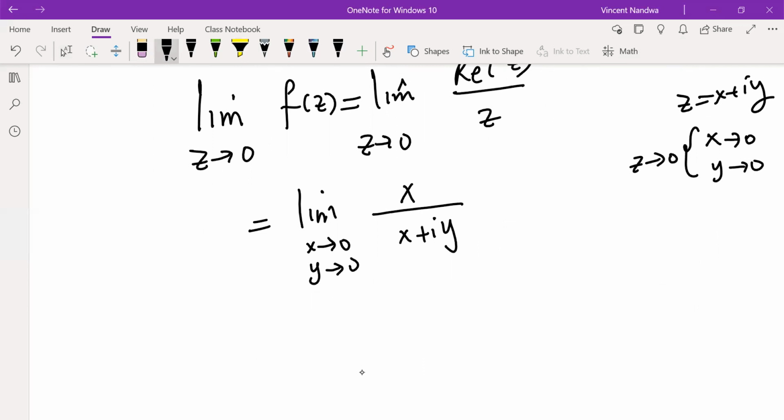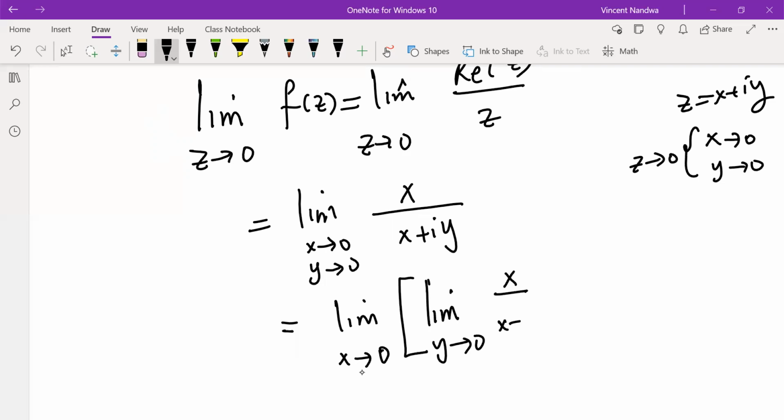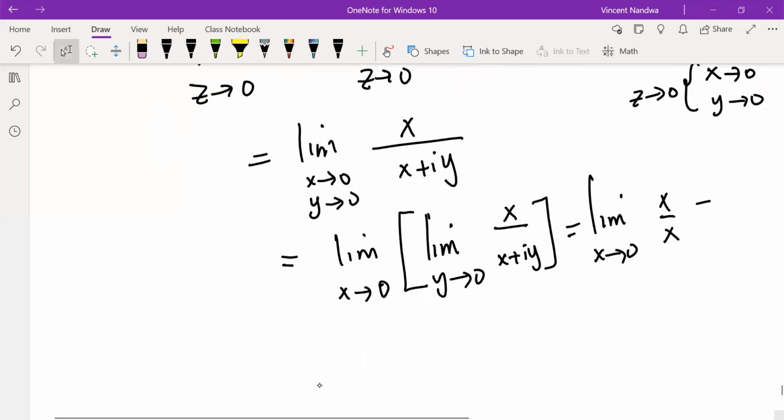So limit as x approaches 0, then limit as y approaches 0 of x over x plus iy. As y approaches 0, we will not have this term, so we have x over x, which is just 1.